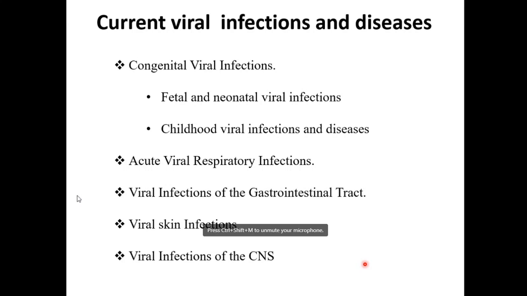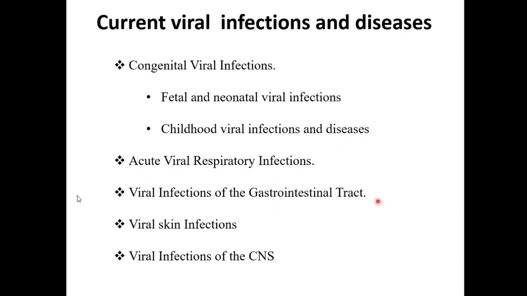So as current viral infection and disease, we have congenital viral infection, and congenital may be fetal or acquired during the fetus life, or neonatal viral infection, that is during birth, and childhood viral infection and disease. Acute viral respiratory infection is also often caused by viruses.